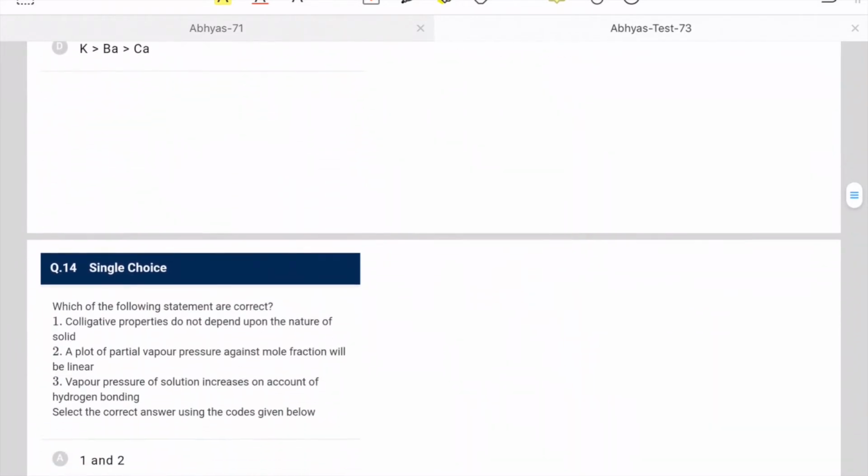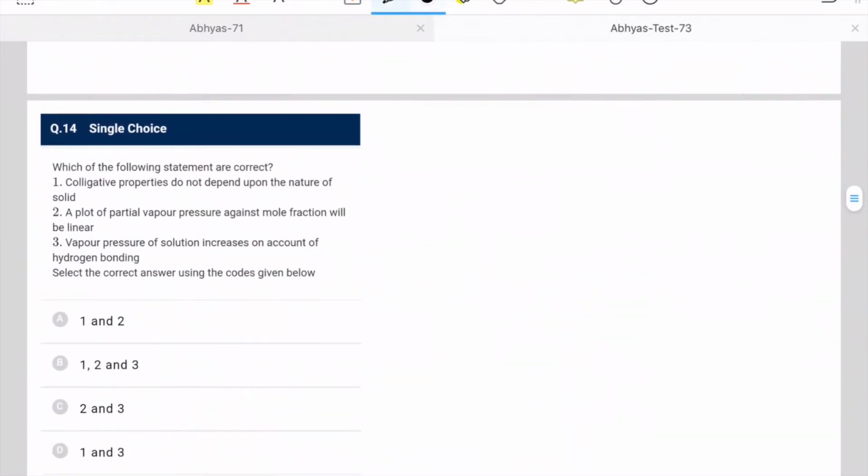Next question: which of the following statements are correct? More than one option is correct, we have to select here. Colligative properties do not depend upon the nature of the solute, this is correct only. A plot of partial vapor pressure against mole fraction will be linear, correct only.